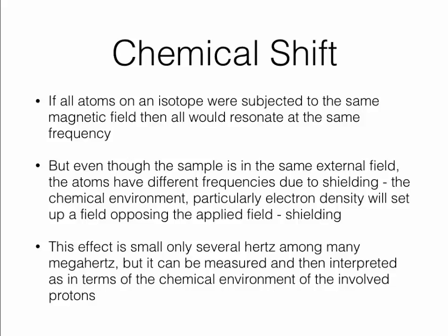That's called shielding, and it means that the magnetic field that the actual nucleus is subjected to is slightly smaller than the actual applied field. It's a very small effect. The effect's only a few hertz among many megahertz, but it can be measured and then interpreted in terms of the chemical environment of the protons or whatever isotopes you're looking at, and you can get chemical information based on these slight differences in frequencies.